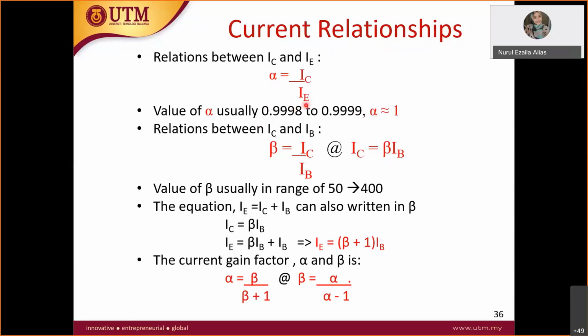So you can say that IC is approximately equal to IE, and IC is equal to beta IB. Finally, you will get IE equal to beta plus 1 times IB. You should have memorized these three things.